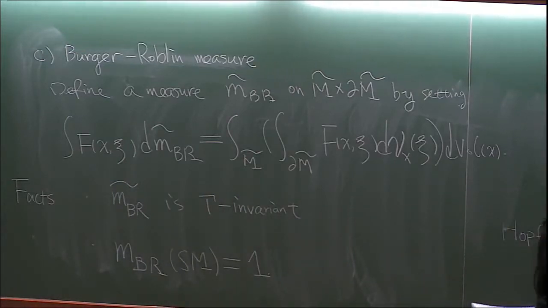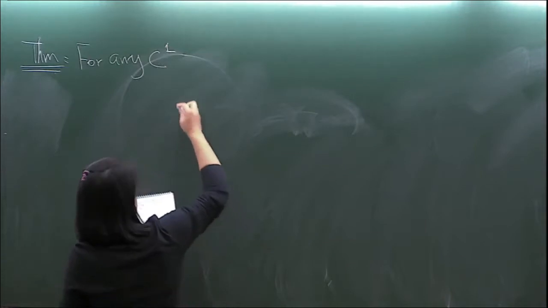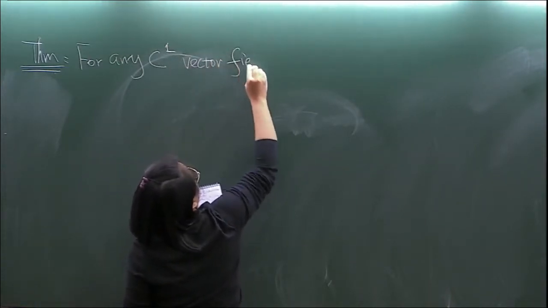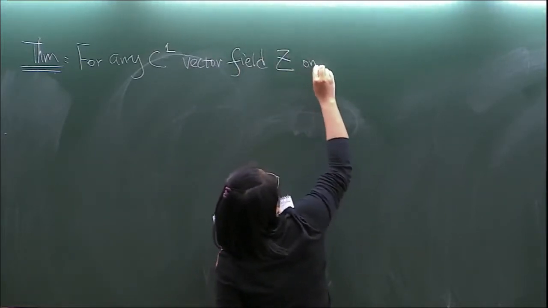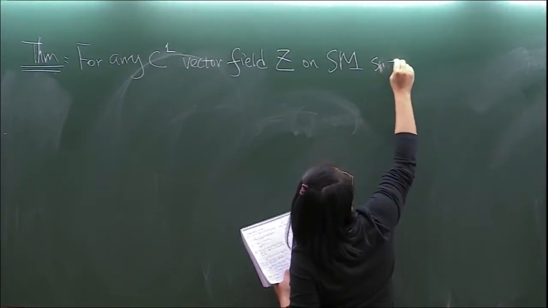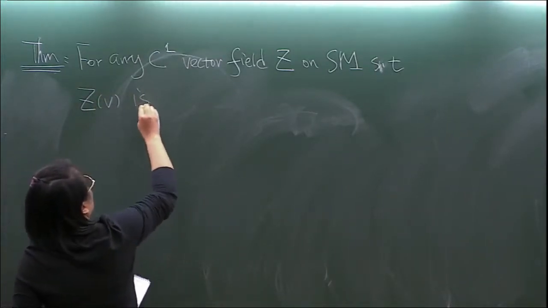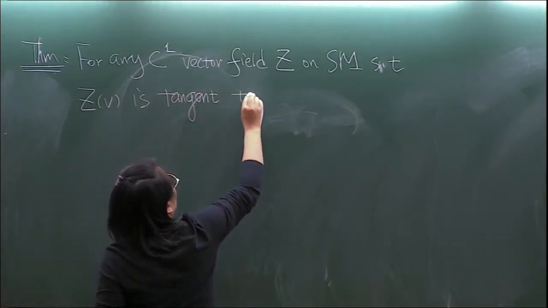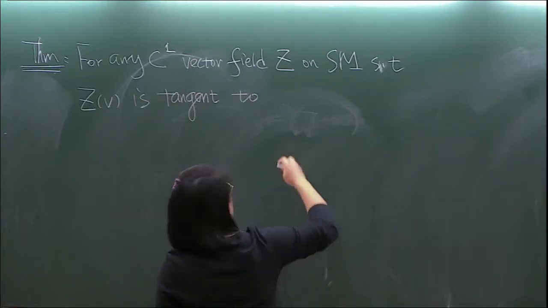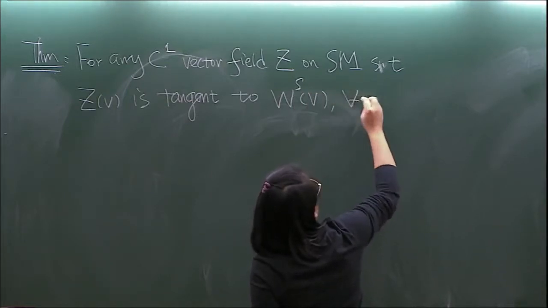Okay? So then, let's try to see the property of this measure. So properties, so we have this theorem here, which says, for any C1 vector field Z on SM, such that Z(v), evaluated at v, this vector, is tangent to the stable direction, the stable foliation, okay, tangent to that for all v belongs to SM.